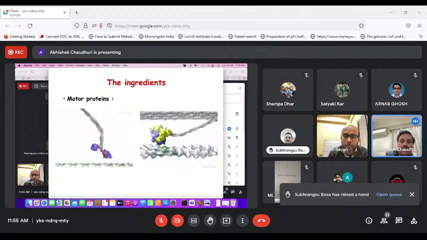If you have a microtubule or an active filament on the substrate, it's the opposite of the motility assay experiment that I was showing you. Then you can actually see how these walks are happening, and check whether they are doing a processive motion or a sliding motion on the surface.